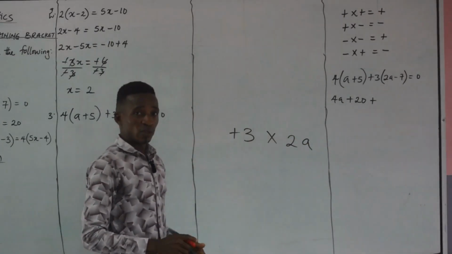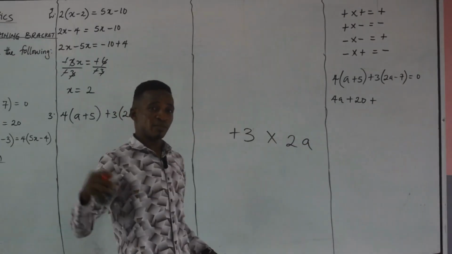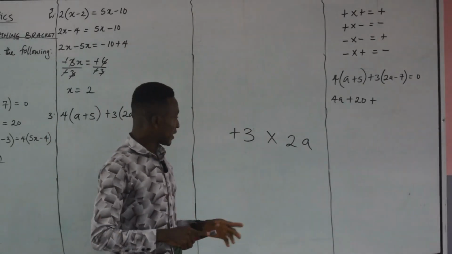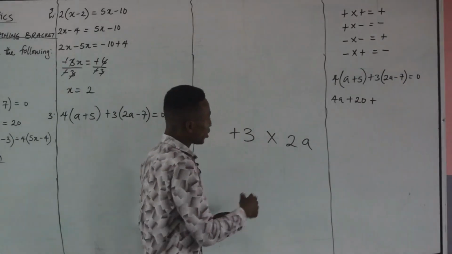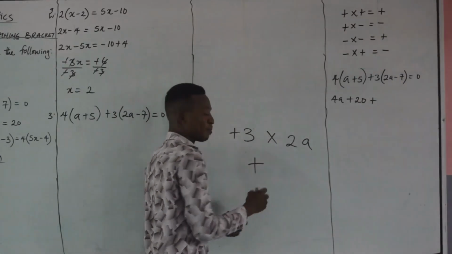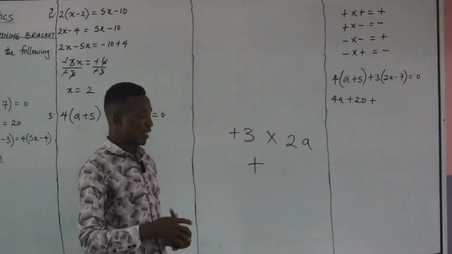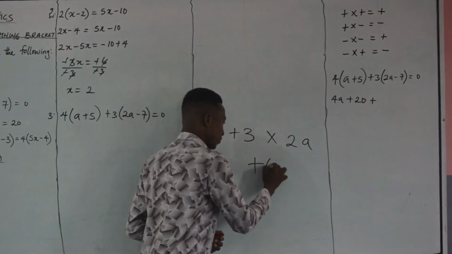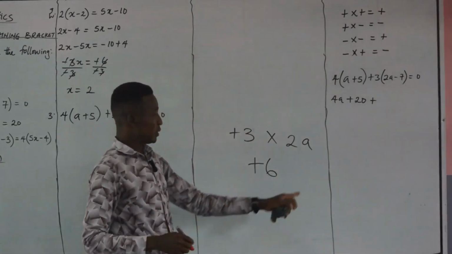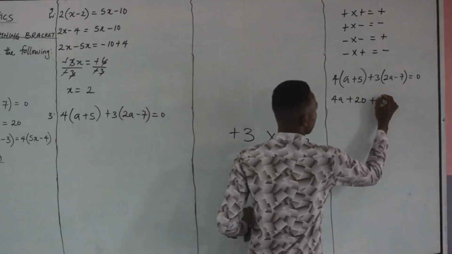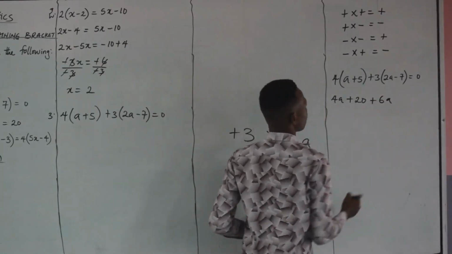Even though you want to go stepwisely the way I arranged it before, multiplying the signs, number and letter. The sign here is plus. In front of this 2a we also have plus. Plus times plus gives us plus. The second one from the arrangement I gave us, number, 2 times 3 gives us 6. Then the third one is the letter, which is ordinary a. So this gives us plus 6a. So I write it here, plus 6a.